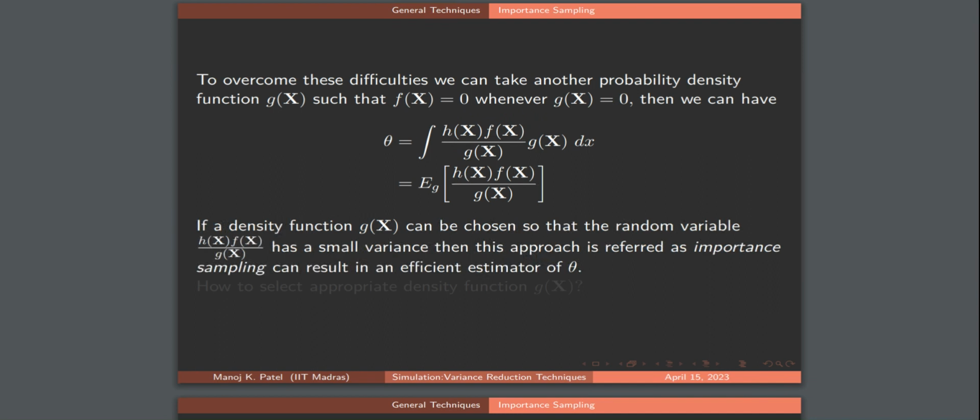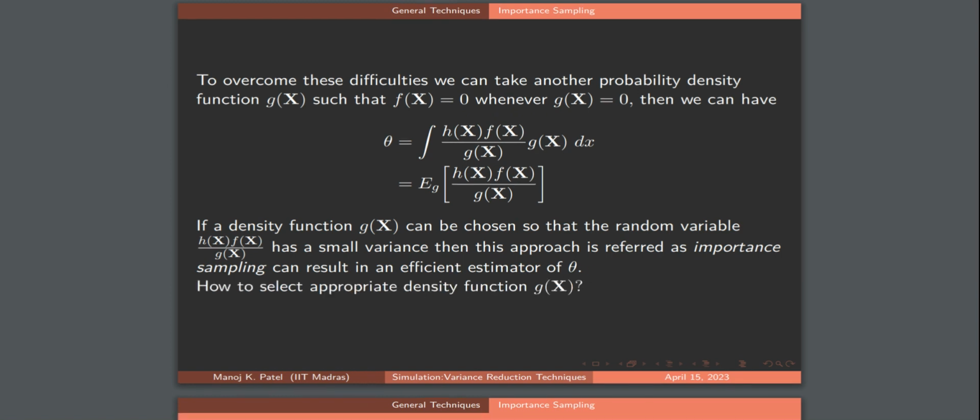If the density g(x) can be chosen so that the random variable has a small variance, this approach, referred to as importance sampling, can result in an efficient estimator of theta.